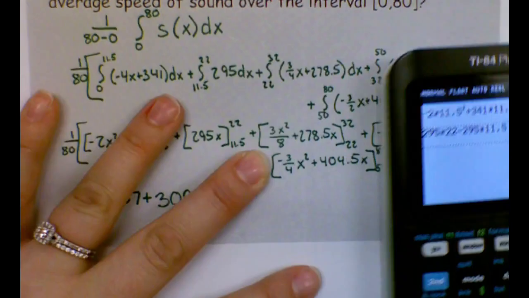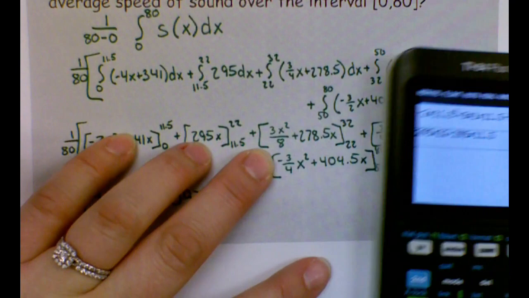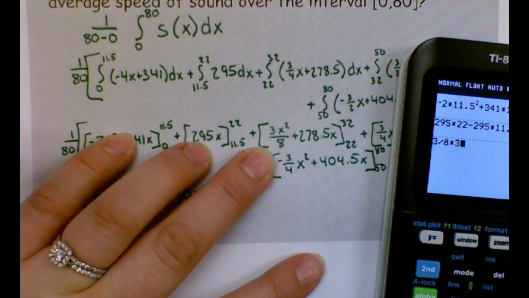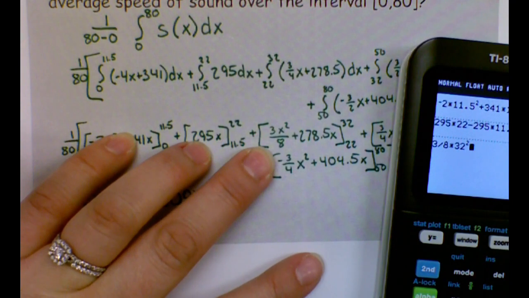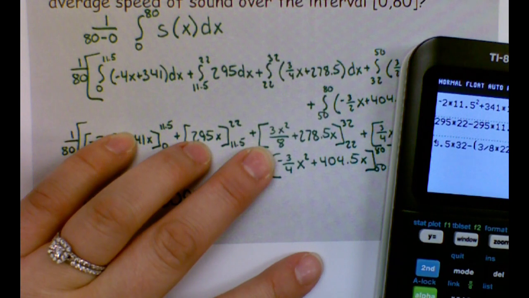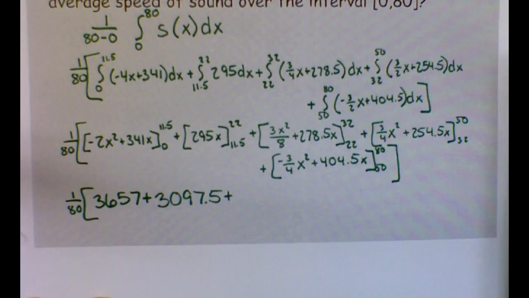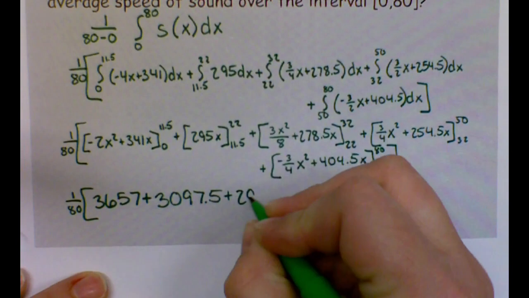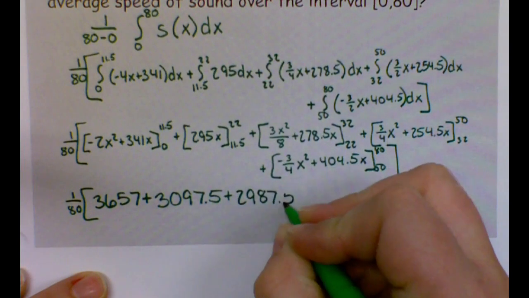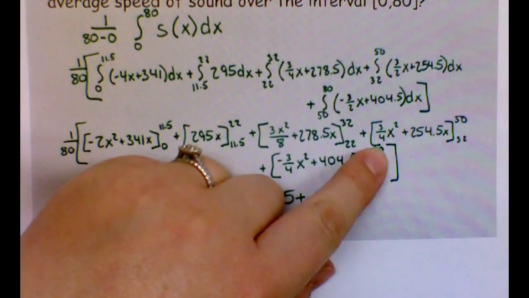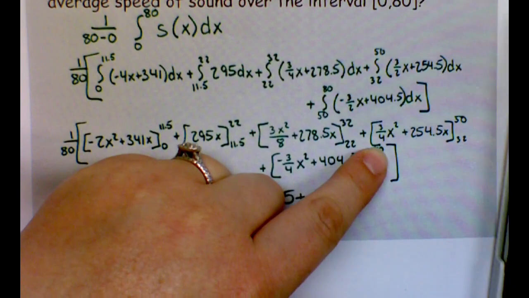Our third piece here, I'm going to take 3/8 times 32 squared plus 278.5 times 32 minus 3/8 times 22 squared plus 278.5 times 22. 2,987.5. Next piece, 3/4 x squared plus 254.5x.